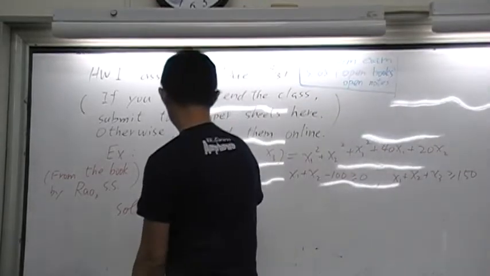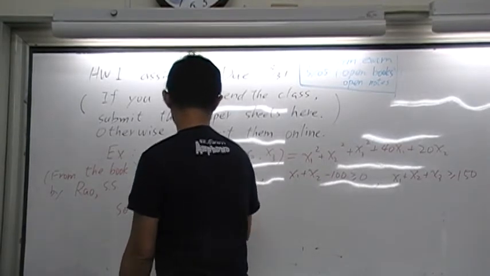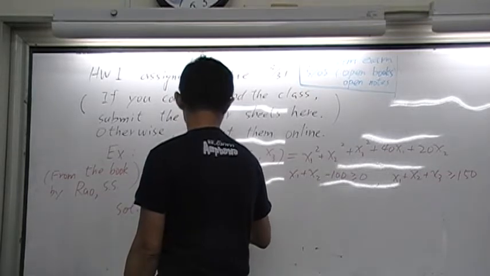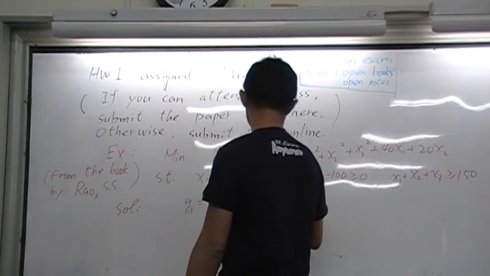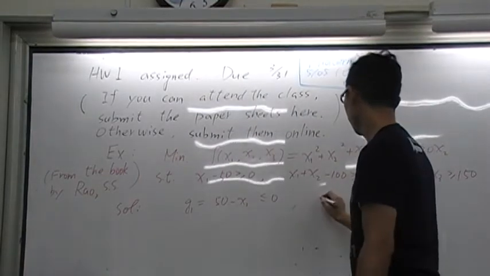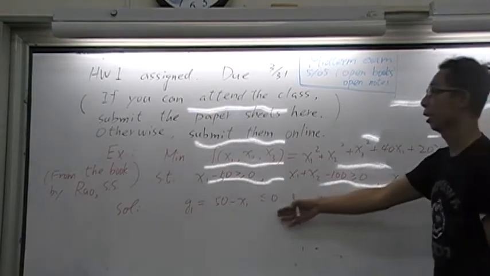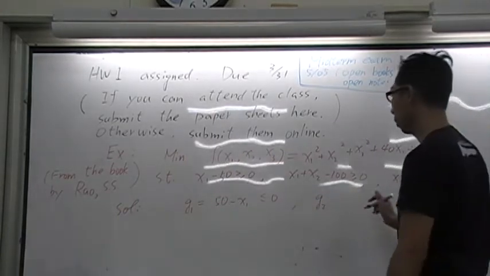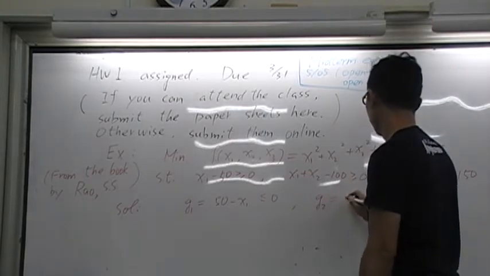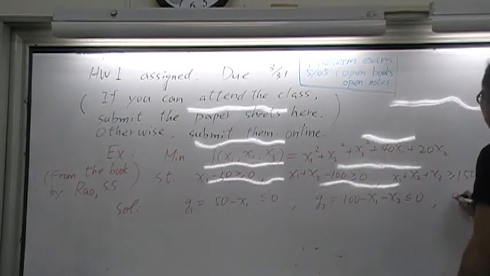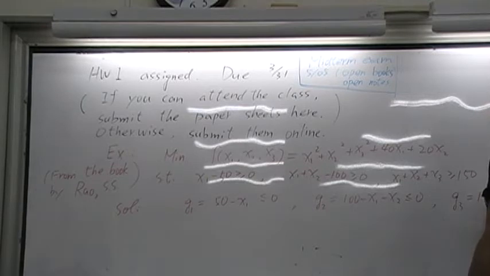Okay, so yeah, let's say over here, let's just define G1 equals 15 minus x1. Right, in this way, the constraints become this kind of standard form, less than or equal to 0, for the non-negative constraints. And G3 equals 150 minus, less than or equal to 0.